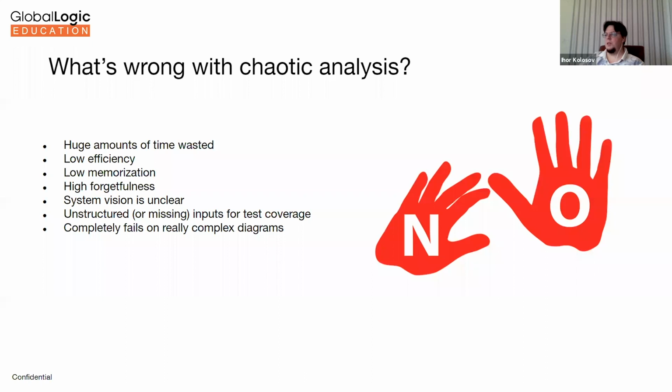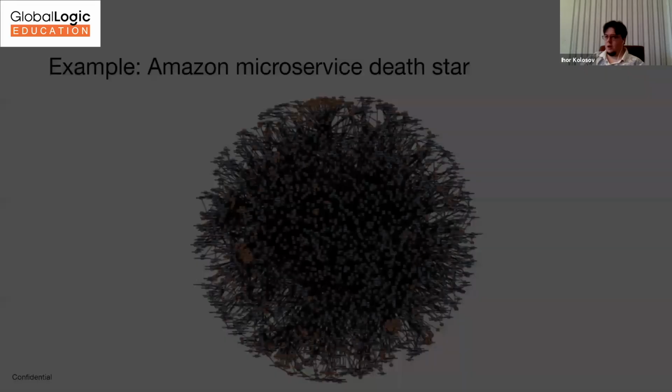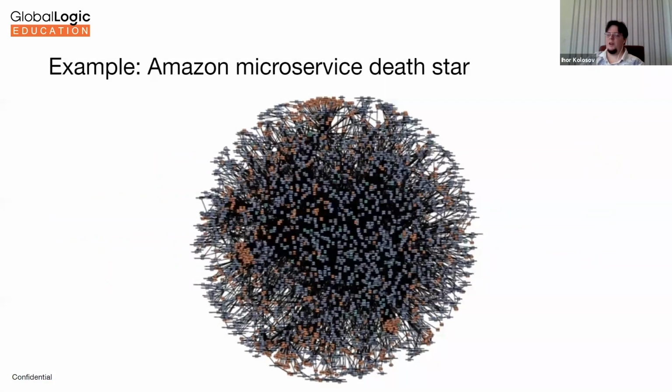I'll demonstrate this a little bit later. Here we have an example, right? Let's take a look at it for several seconds. You know, for me, it looks like a Death Star.